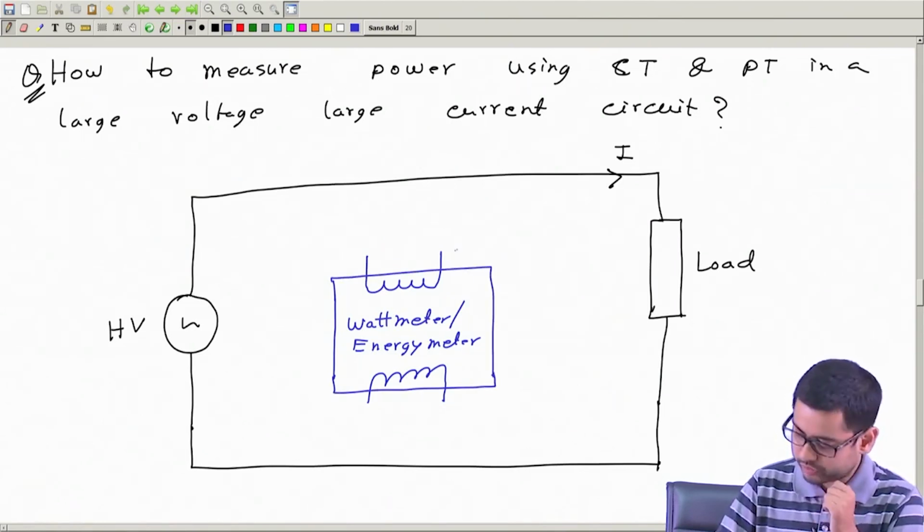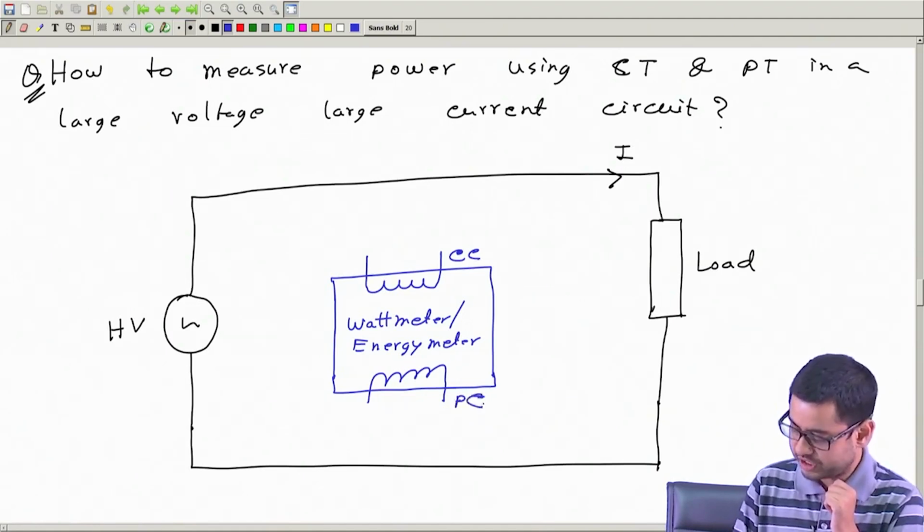Call one of them the current coil, CC, and another the potential coil, PC, the voltage coil.